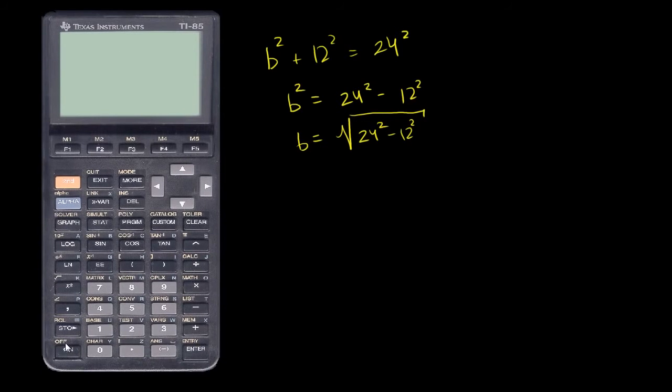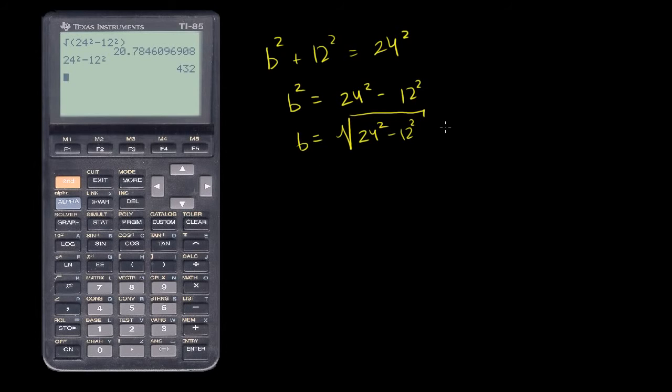The last one was so painful, I'm still recovering. So 24 squared minus 12 squared is equal to 432.